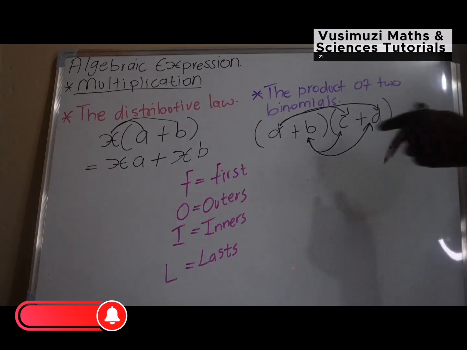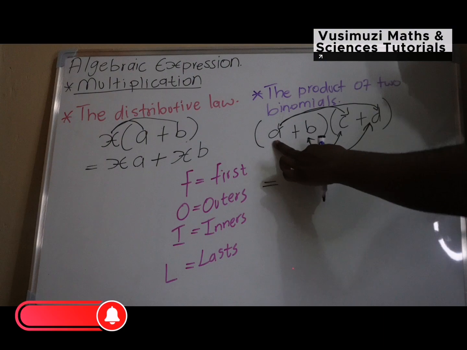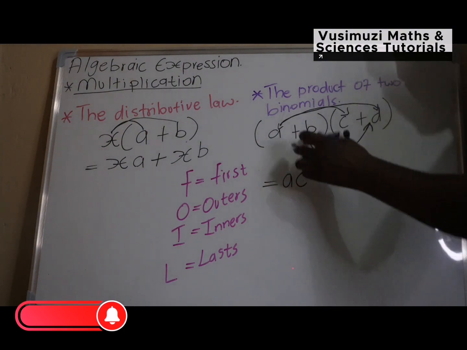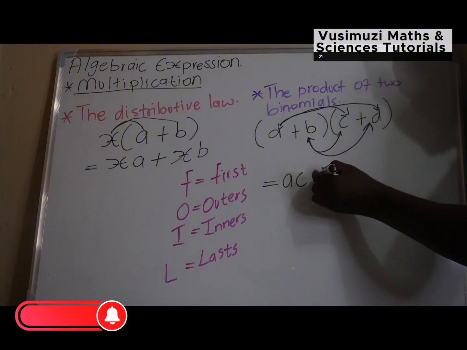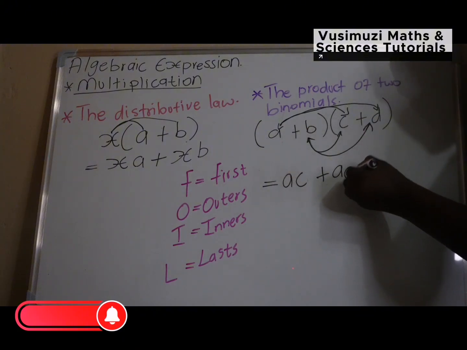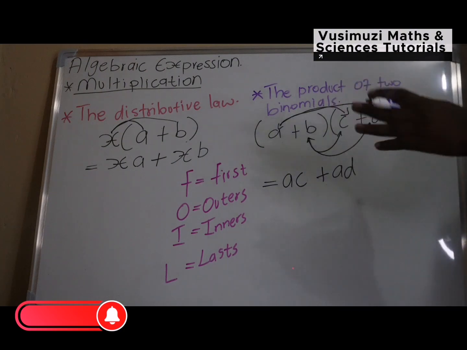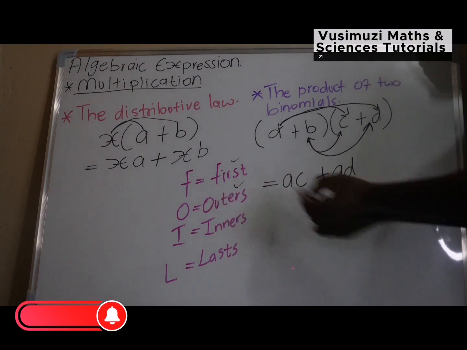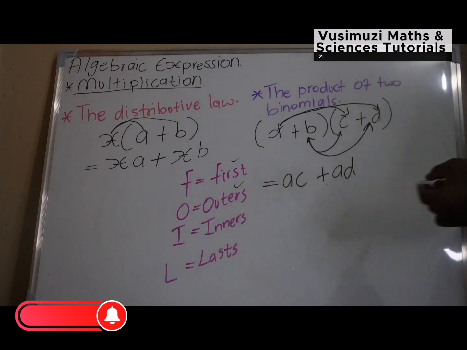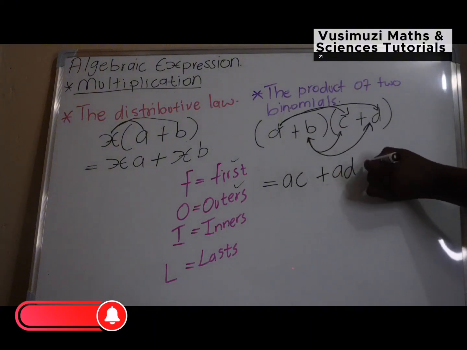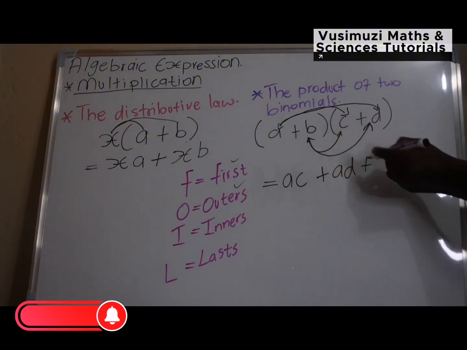Hurry. This is equal to A times C is AC, plus, you bring down this positive, A times D, AD. Guys, we are done with A times C, we are done with firsts and outers. We are going to inners and lasts. What are inners? B and C. So this positive sign, I bring it down here, plus B times C, BC.